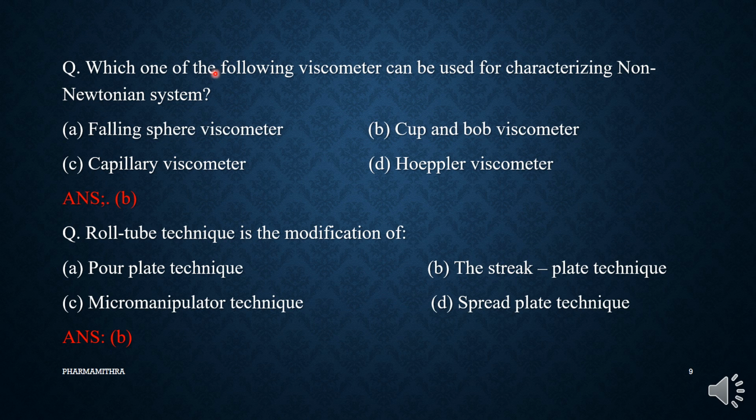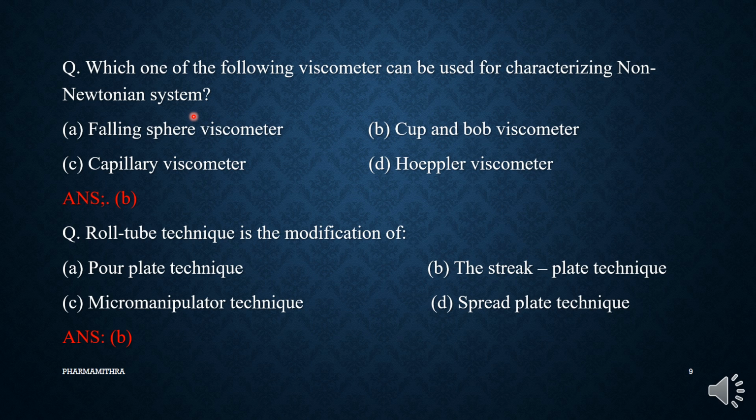Next question, which of the following viscometer can be used for characterizing the non-Newtonian system? We know the viscometers are based on the Newtonian and non-Newtonian system. The capillary viscometer follows the Newtonian system and it depends upon the Poiseuille law.